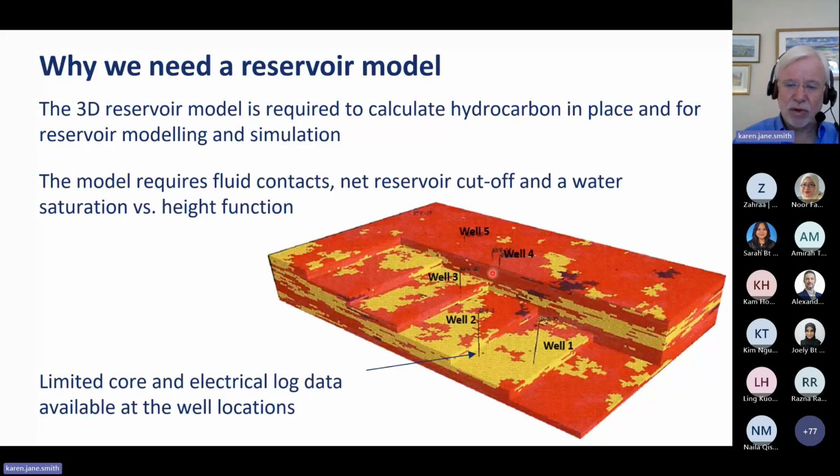And this is actually a minimum amount of information compared to the size and the volume of the reservoir model. So the challenge is to be able to populate this reservoir model based on the information from the wells. And that information is very limited and includes core and electrical log data.